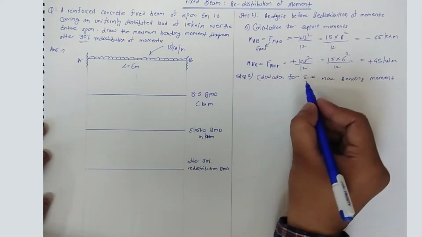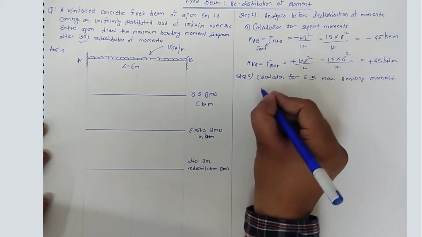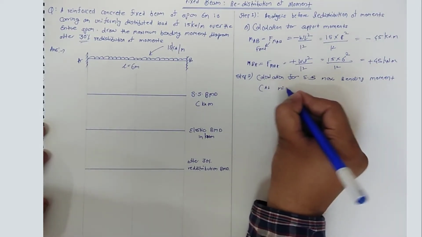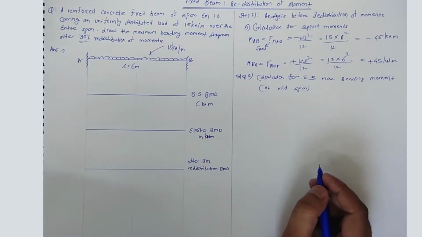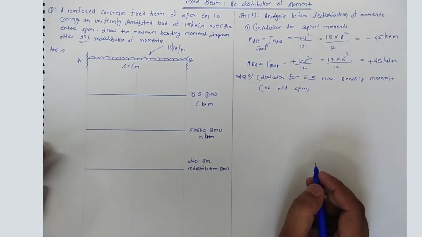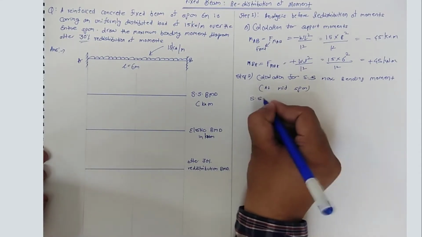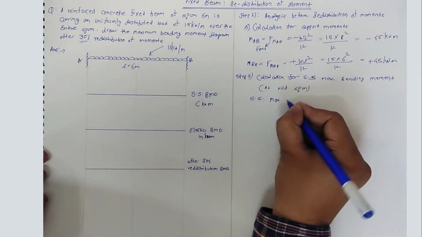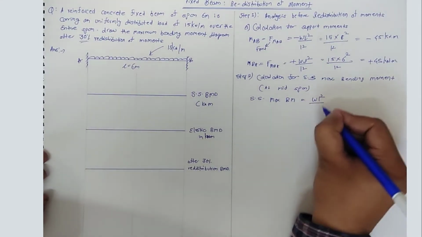So the calculation of simply supported maximum bending moment at midspan: the simply supported maximum bending moment equals WL square by 8.